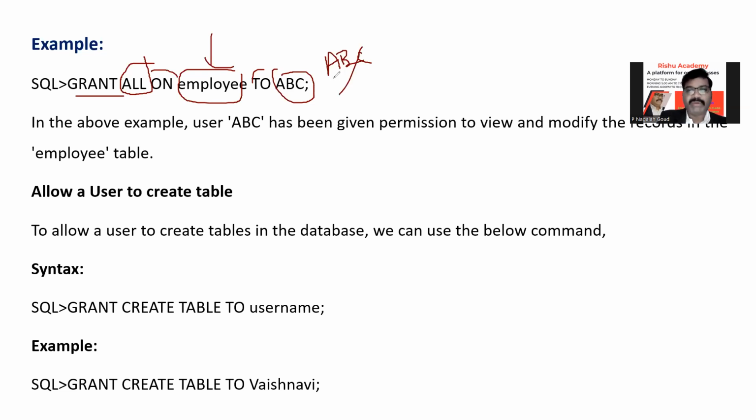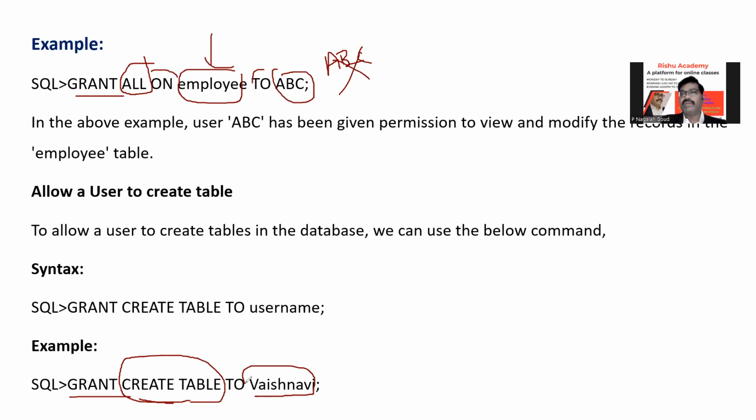I don't want to give all the privileges. I want to give only create privileges. Here, example: grant create table. I want to give create table permission to the username Vaishnavi.